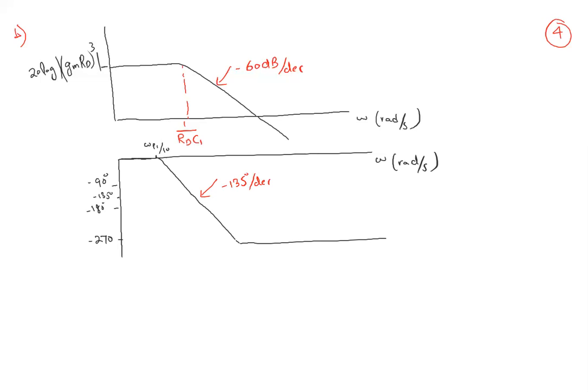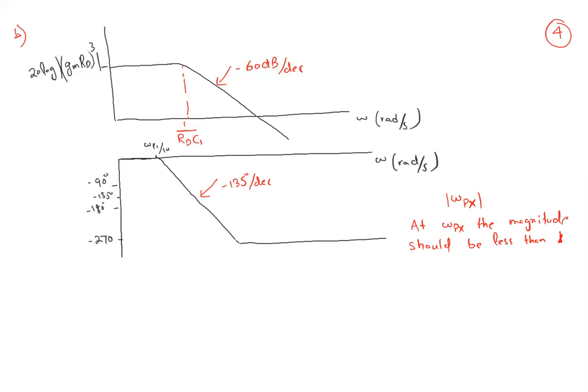So now we need to mention the phase crossover frequency, because we will find the phase crossover frequency and find what the magnitude is there. For a system to be stable, at the phase crossover frequency, omega px, the magnitude from the gain should be less than 1.